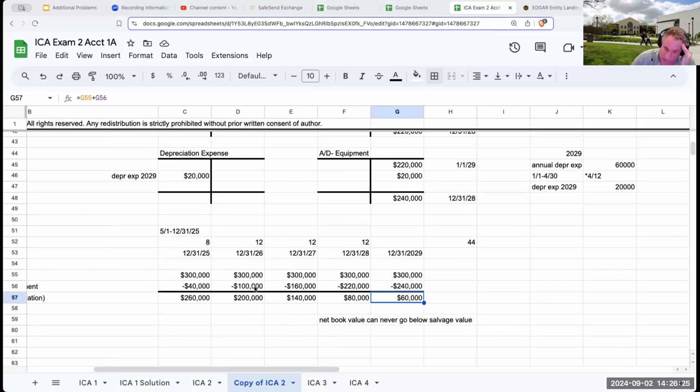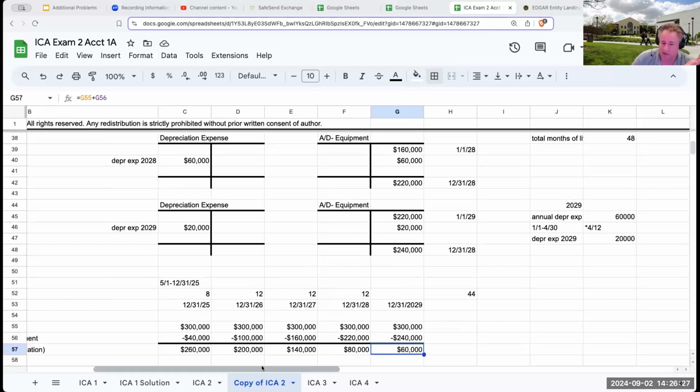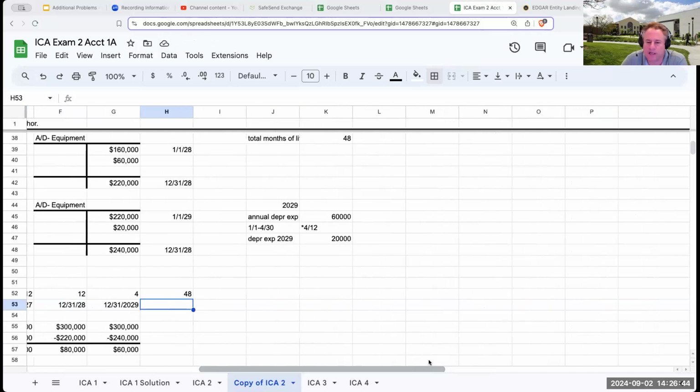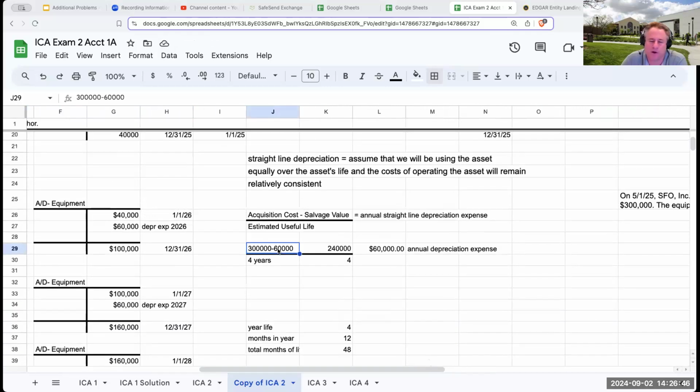Do you know what the balance sheet presentation looks like? Those are pretty important things to me. But when it comes to over depreciating assets, not necessarily. That's going to be a little bit more advanced, but I do want you to understand the concept that when you are depreciating an asset, we can never depreciate beyond an asset's salvage value.